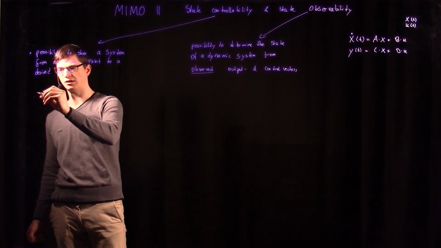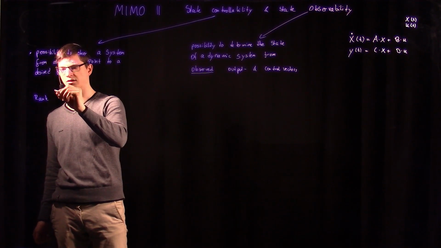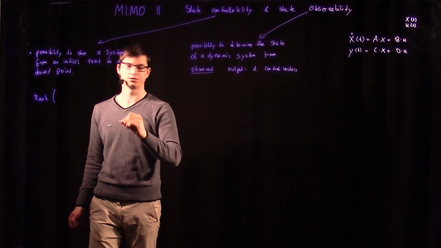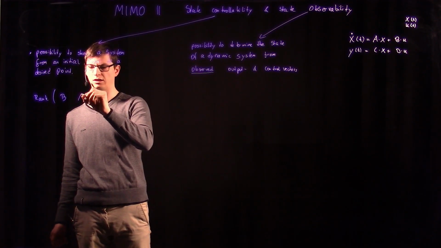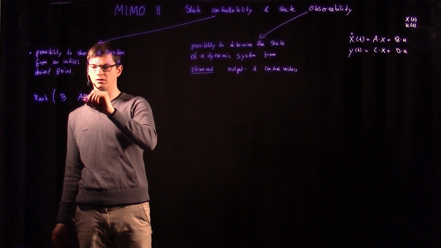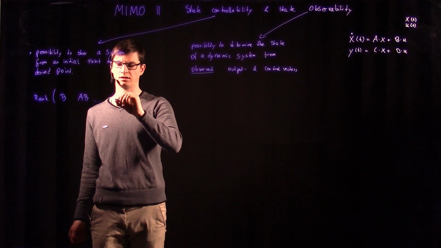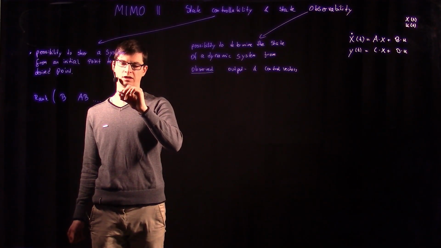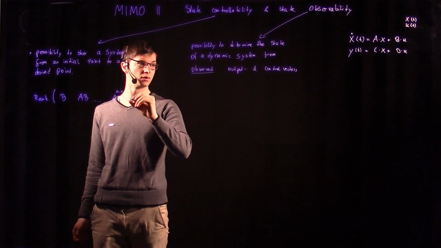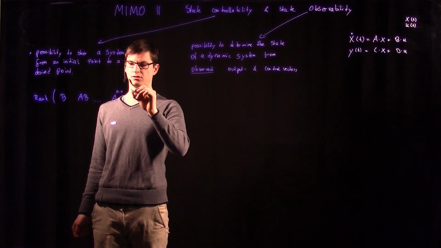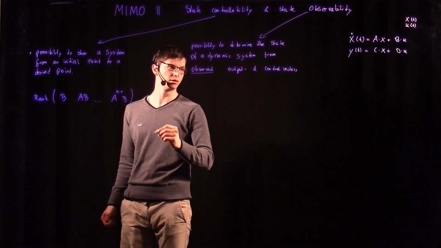We write down the rank of the matrix B, AB, and so on until A to the power of n minus 1 times B. This rank of the resulting matrix shall be n.